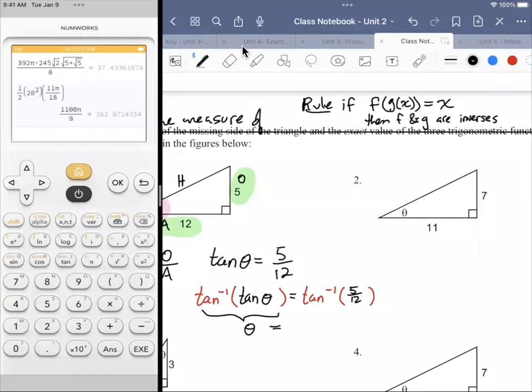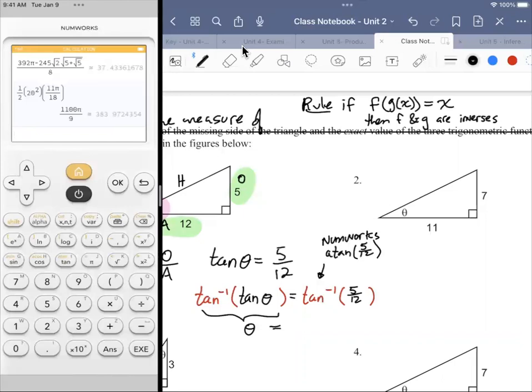And you'd say, well, great, thanks. How do I do that? The A tangent button in your calculator. So in NumWorks, we would say A tan of 5 over 12.